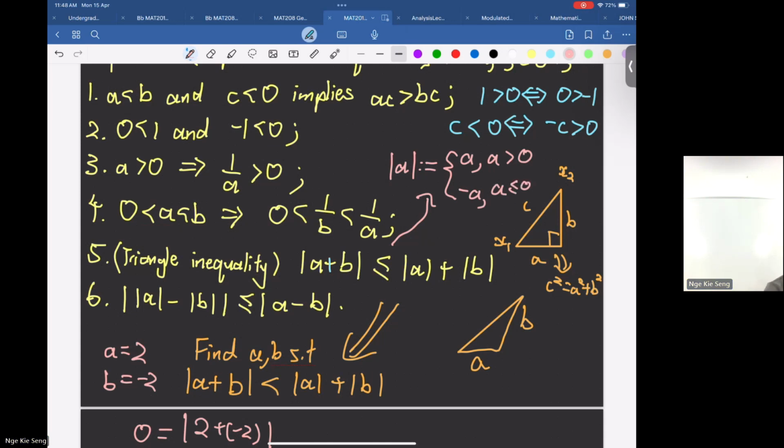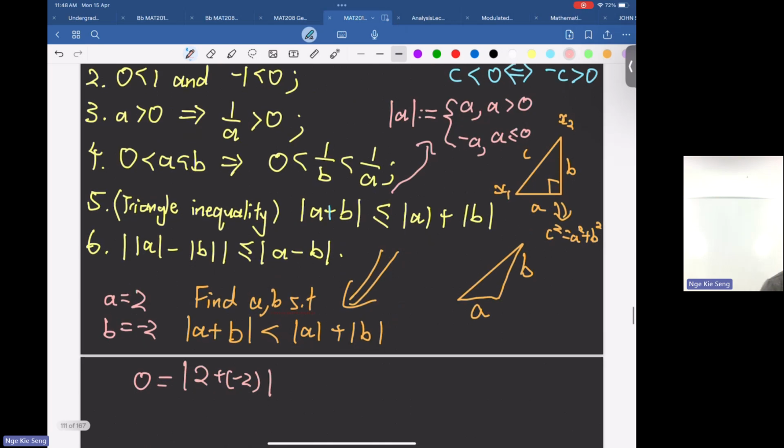Okay. On the other side, I have the modulus of 2 plus the modulus of -2. 2 is already positive, so I take 2. But -2 is less than 0, so I need to take minus -2, which is 2. So I get 4. So 4 is strictly greater than 0.